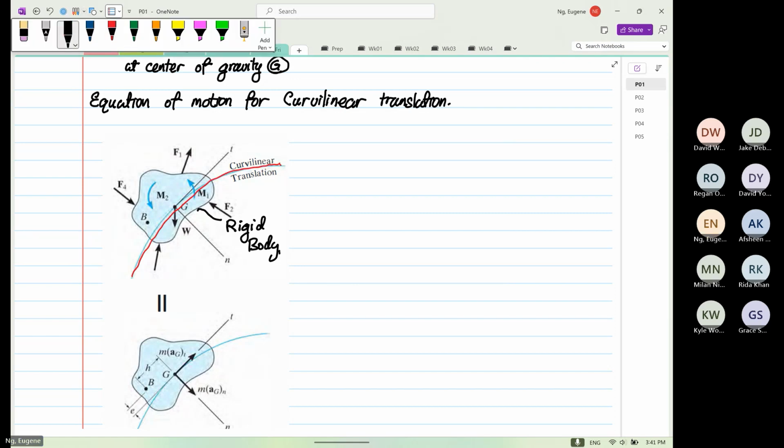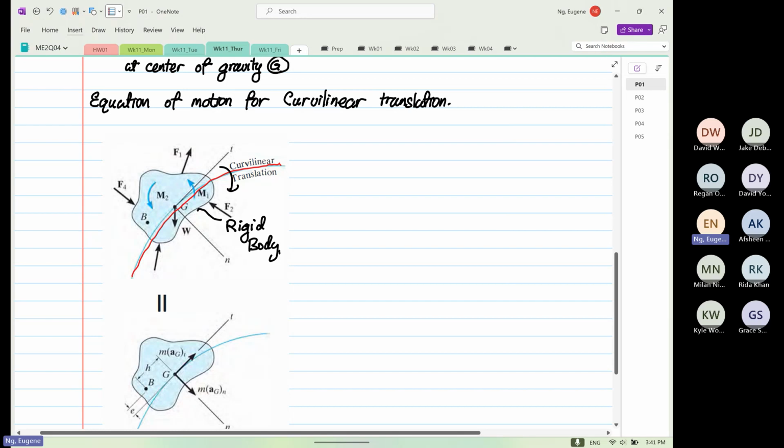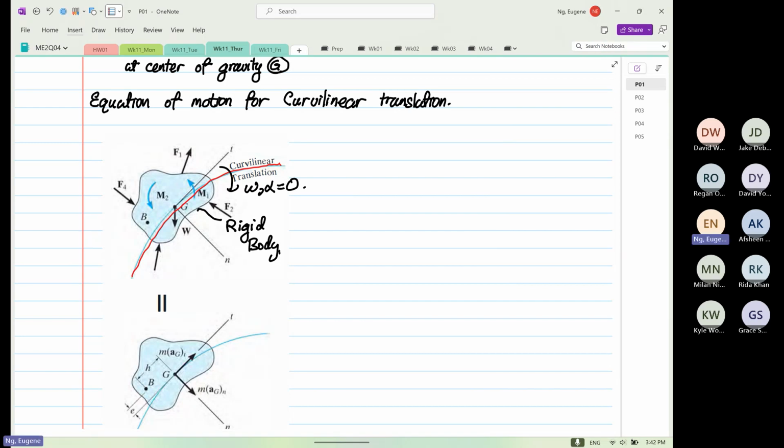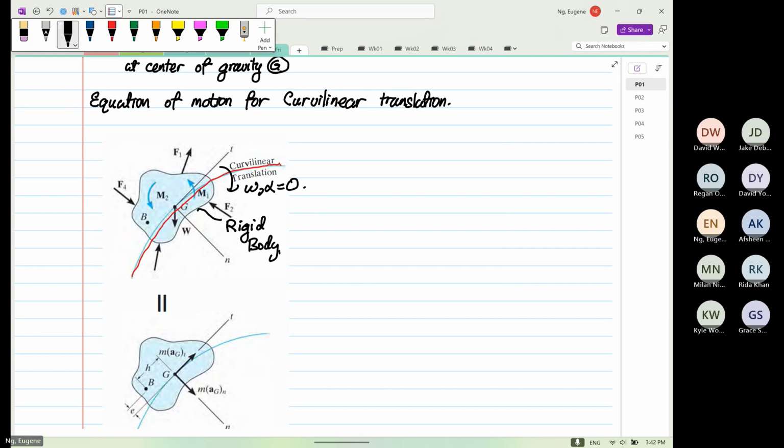However, likewise, omega and alpha are equal to 0. So what will happen if you have a structure in this sort of configuration?